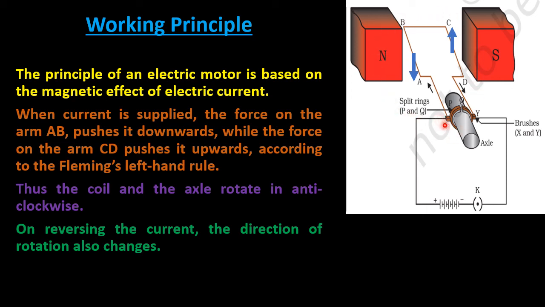And if we interchange the position of the battery here and the direction of the current is changed, then this coil or the armature will rotate in clockwise direction, in this direction. So by interchanging the direction of flow of current, we can change the direction of rotation also.